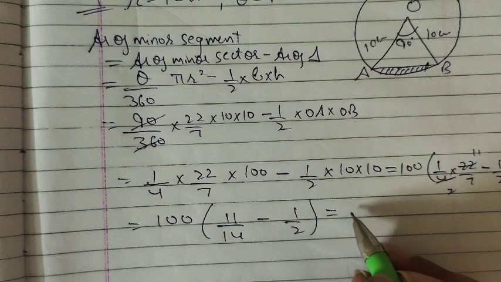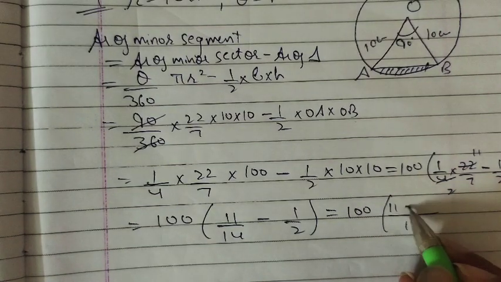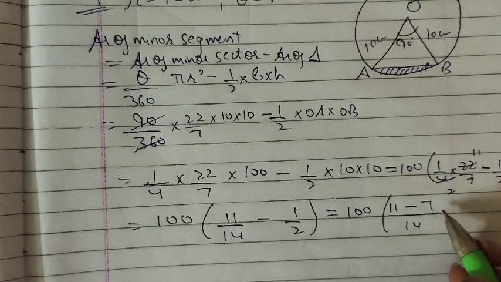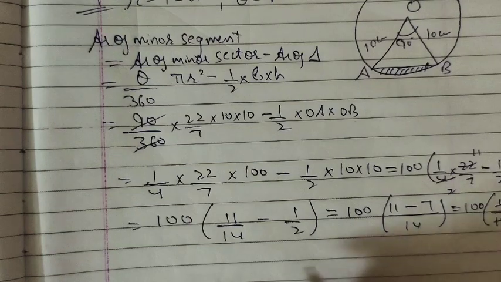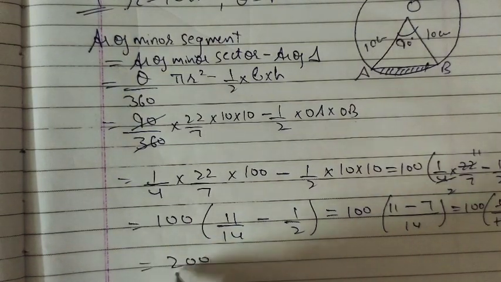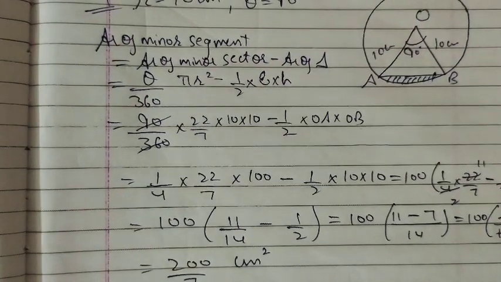Taking LCM 14, that will be 100 bracket 11 minus 7 upon 14, which is 4 upon 14, which is equal to 200 upon 7 centimeter square. So the answer is 200 upon 7 centimeter square.